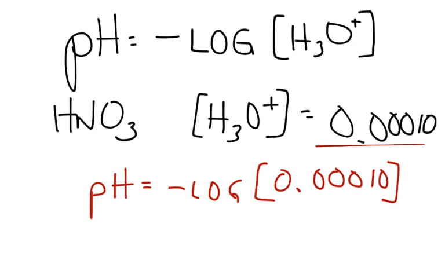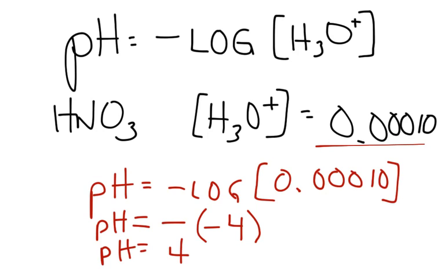And when you calculate it out, you would get that the pH is equal to negative 4, because the log of that is -4, and then those two negatives cancel each other out. My pH is 4. Very straightforward.